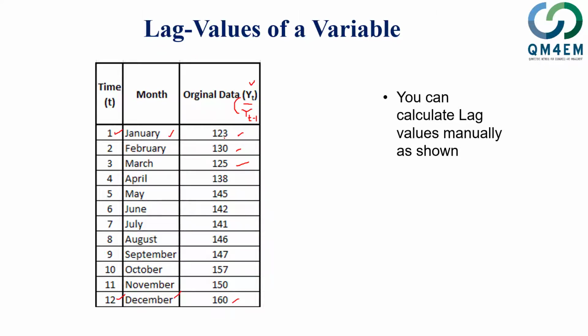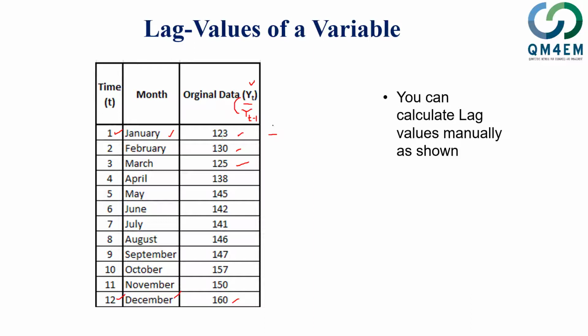Let's say I have sales in January equal to 123 units. Now the lag value for January would be the value of December, but here there is no value of December, so I will just leave that because I have no old value; this value would be empty. Then for February I have the sale of 130 units.